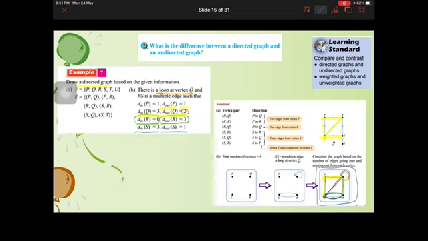First, of course, you need to draw the vertices P, Q, R, S. Then we are given RS is a multiple edge, so you need to draw the multiple edge, and then at Q we have a loop. Only then do we do the other single edges, depending on d in and d out.